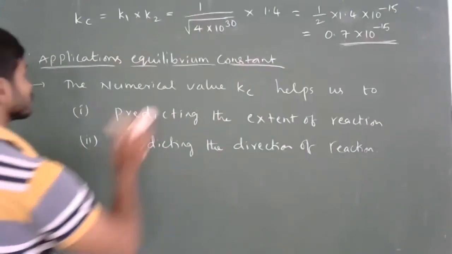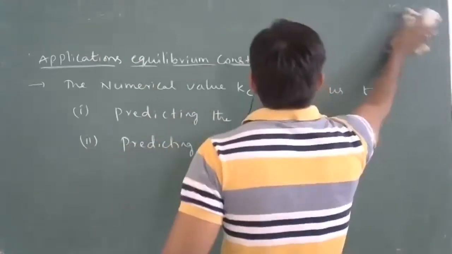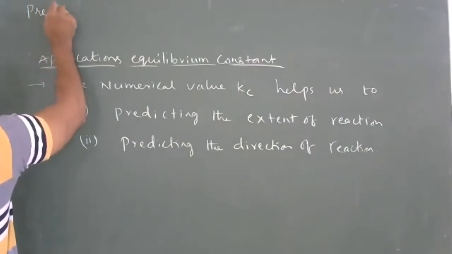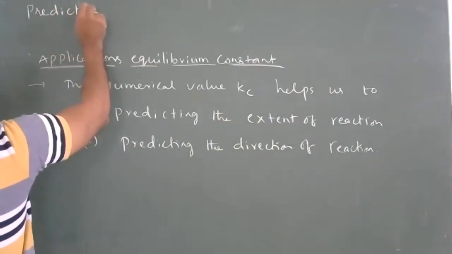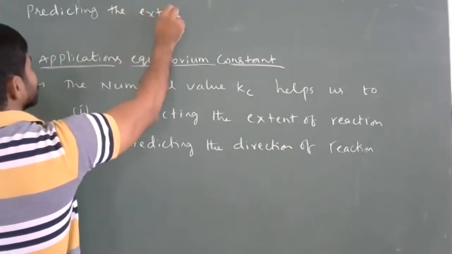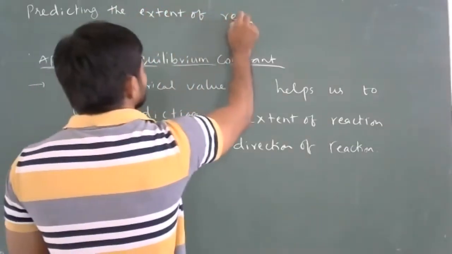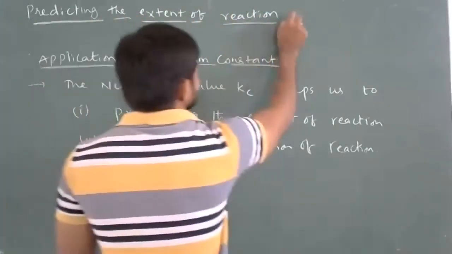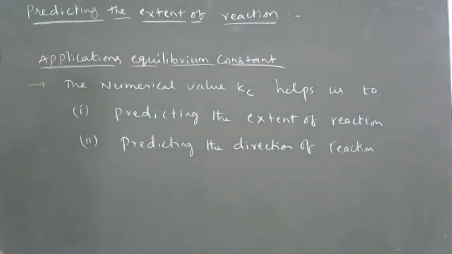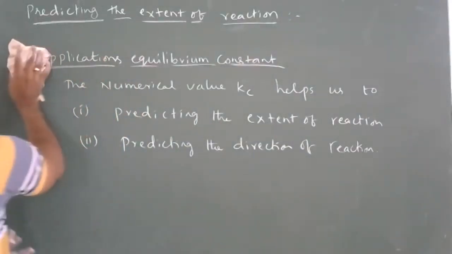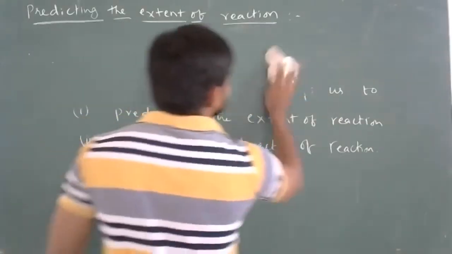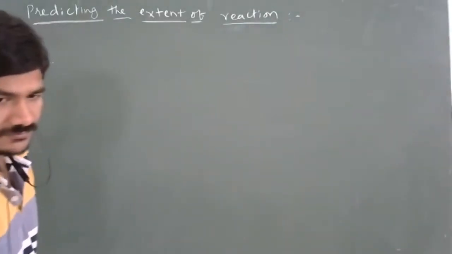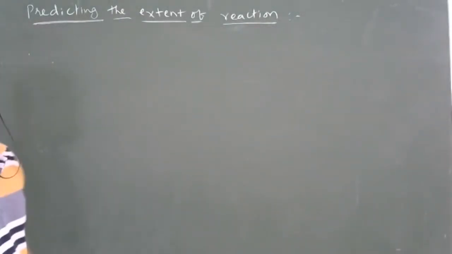First one, write down: predicting the extent of reaction. How to predict the extent of reaction? The numerical value of Kc will help us.